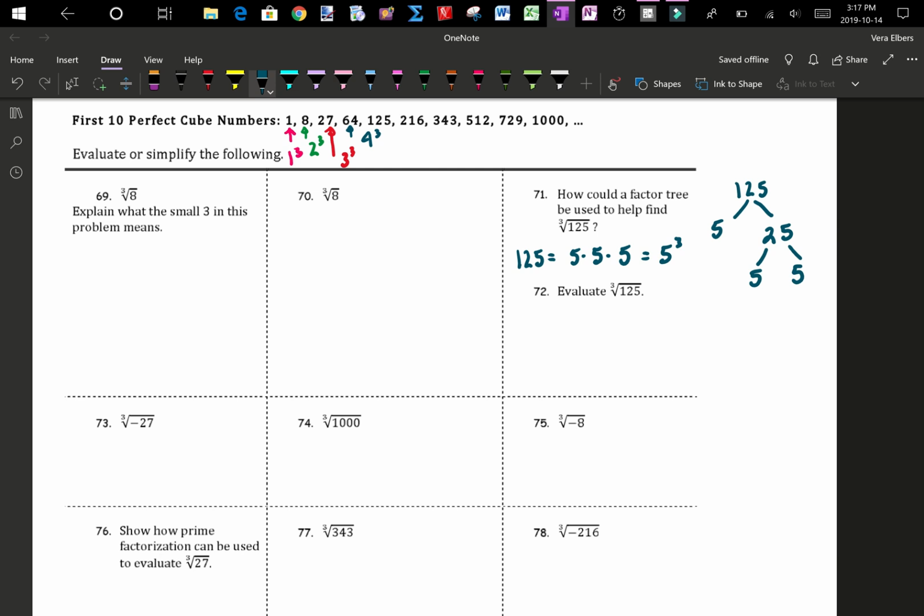So another way of writing the cube root of 125 is to write the cube root of 5 to the power of 3. The question you ask yourself now is: what number, when I multiply it by itself 3 times, will give me 125?